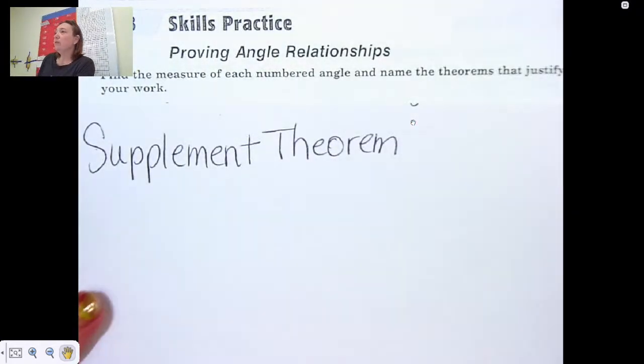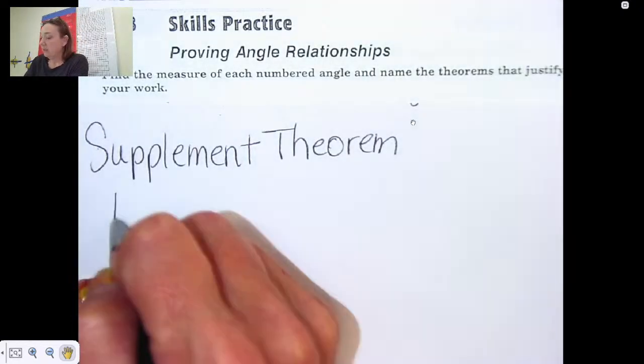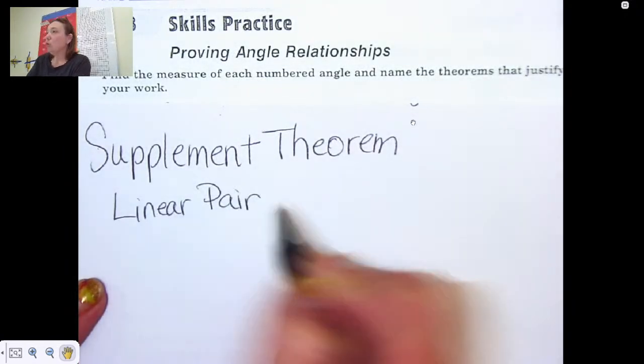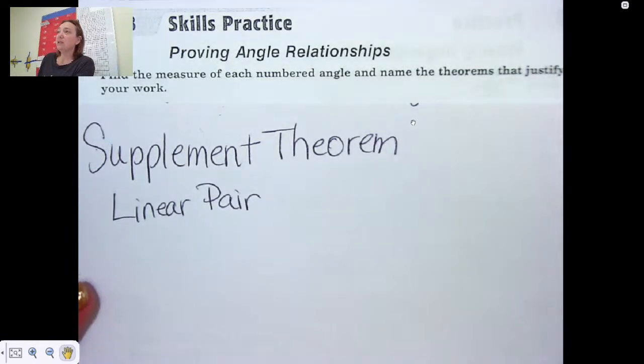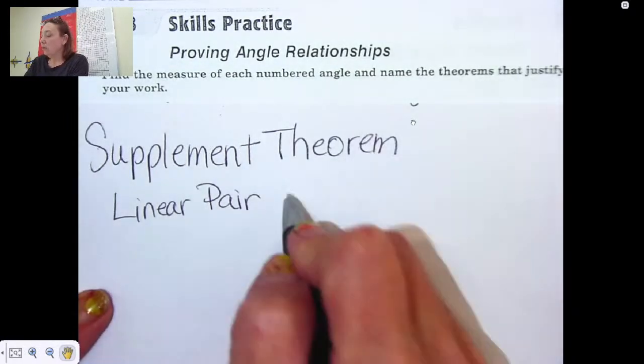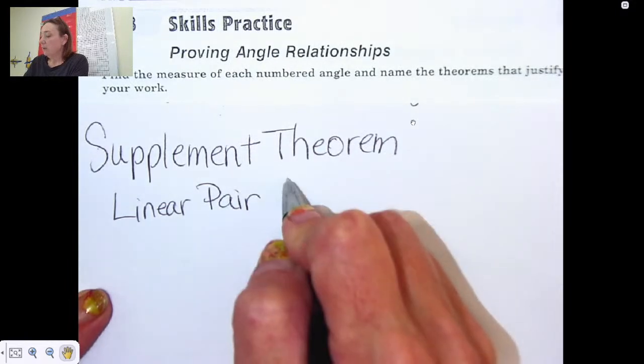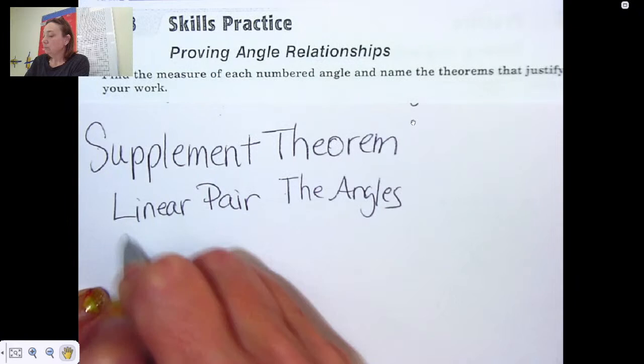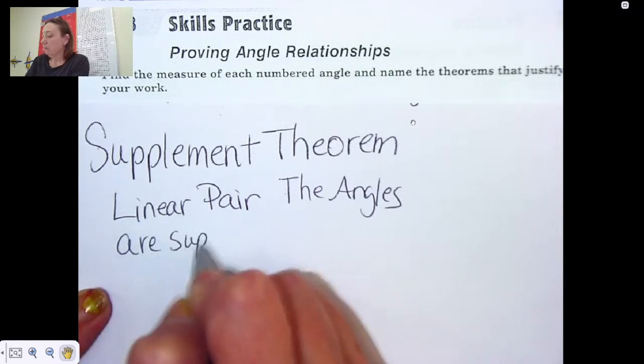Now, the supplement theorem basically says that if you have a linear pair, and remember, a linear pair means two angles that are adjacent that make a line, the angles are supplementary.